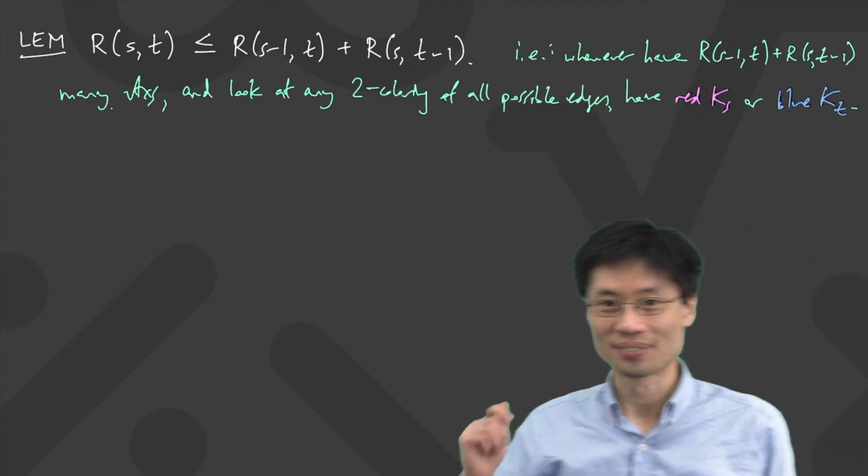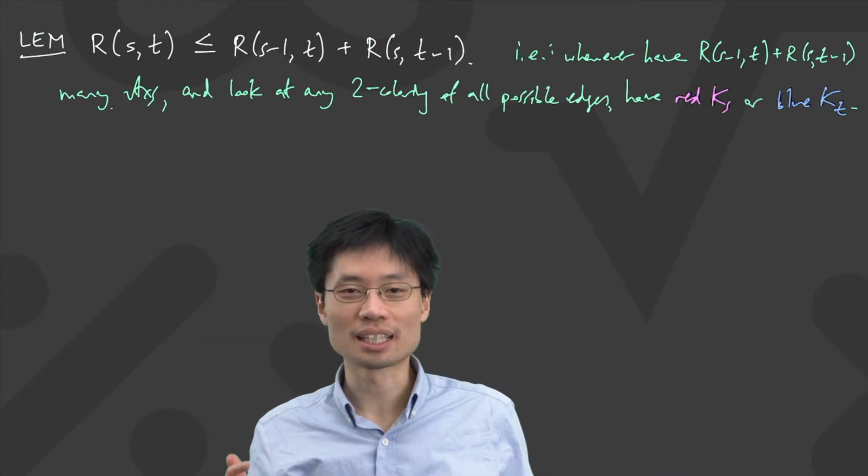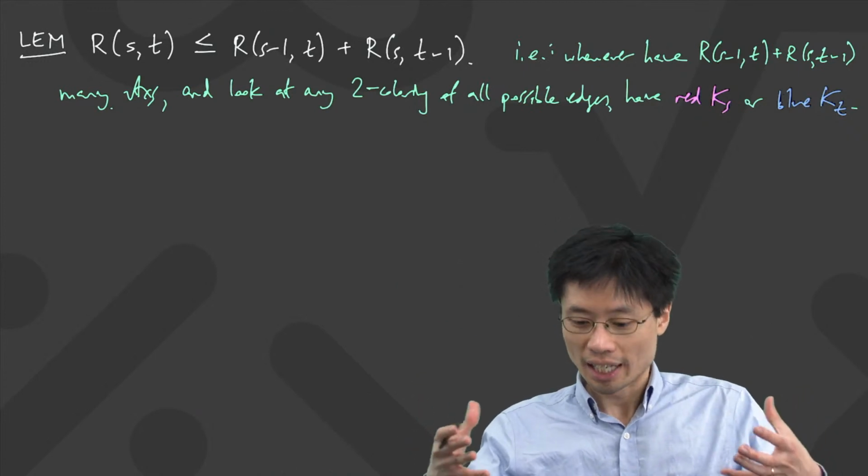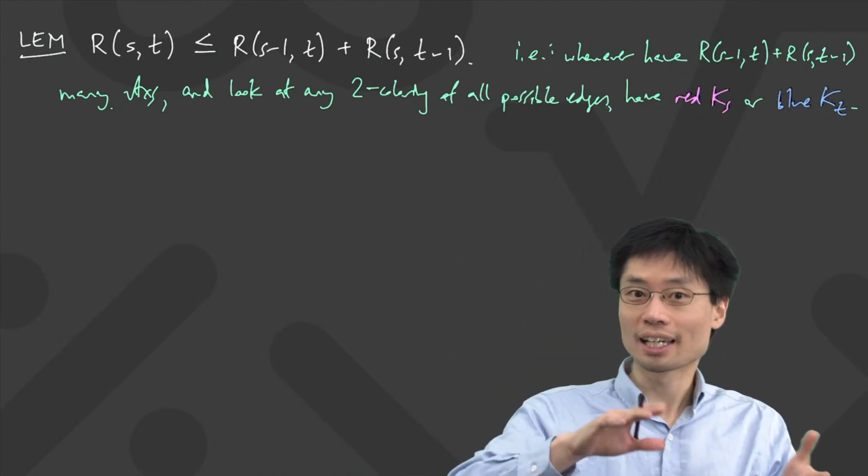And that's a T, not a Z. So that's the statement. If I get enough vertices together, I can guarantee myself a red K_S or a blue K_T.